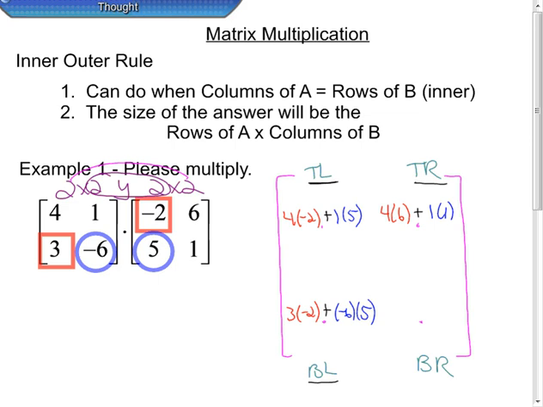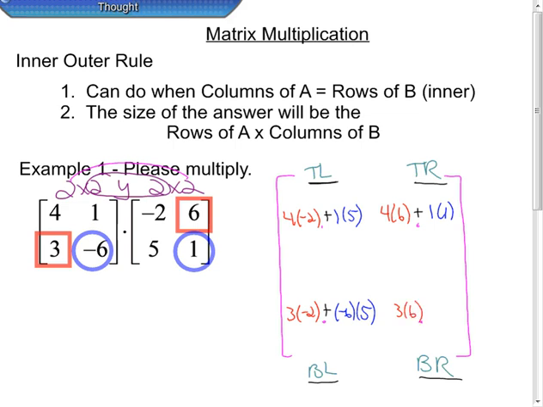And lastly, I'm going to do the bottom right by doing the bottom row with the right column. And you'll see that's going to get me 3 times 6 plus negative 6 times 1.